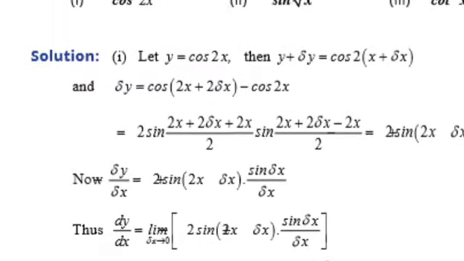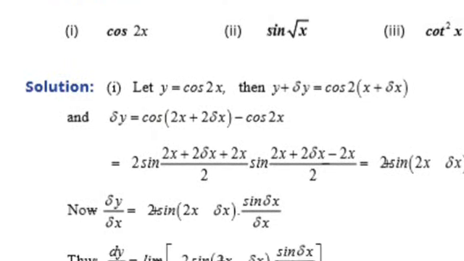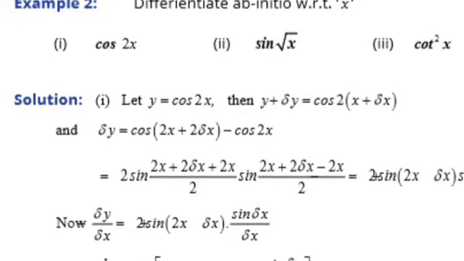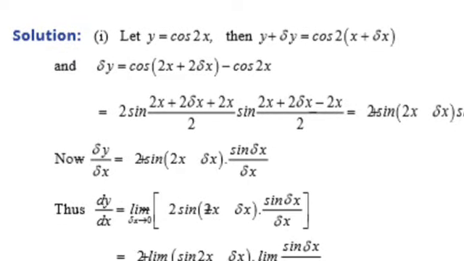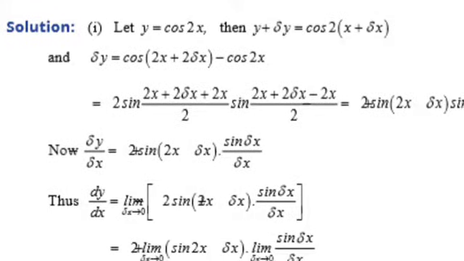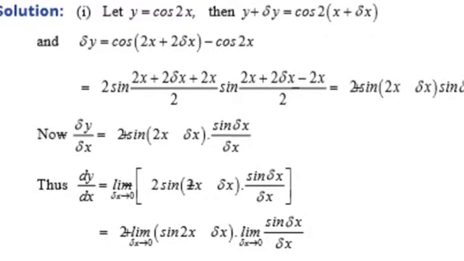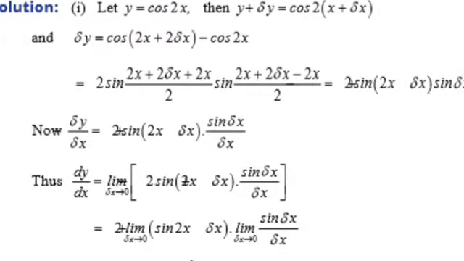Now here we have examples. First is y is equal to cos 2x. We replace x by x plus delta x, y by y plus delta y. Subtract these values and apply here the cos p minus cos q formula, which is minus 2 sin (p plus q) over 2 and sin (p minus q) over 2.